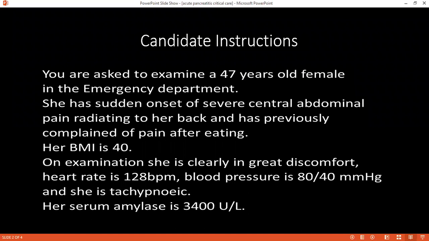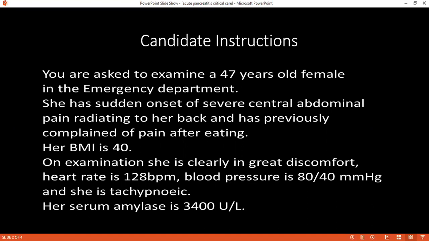There may be arrhythmia, and also metabolic complications such as hypocalcemia, hypophosphatemia, and hyperglycemia.